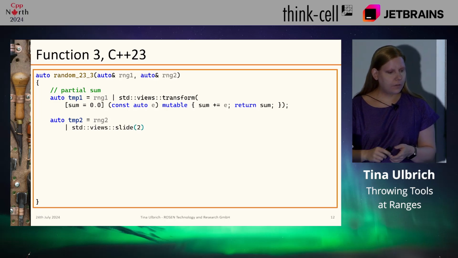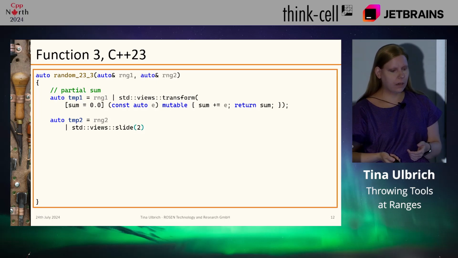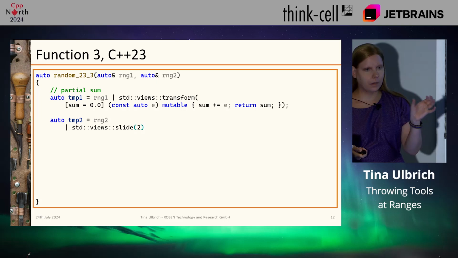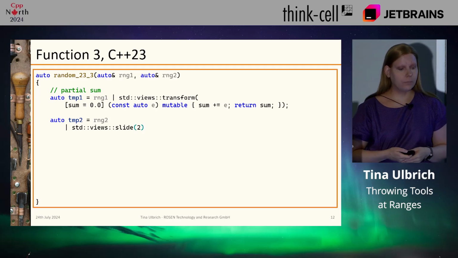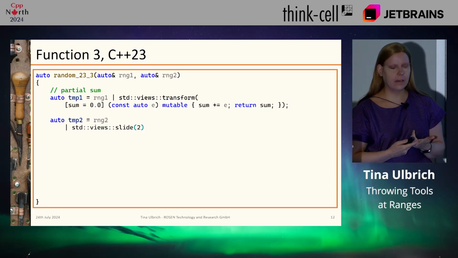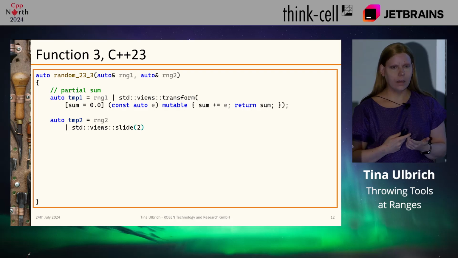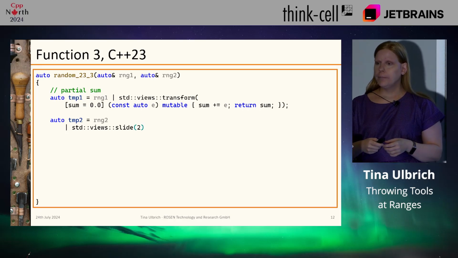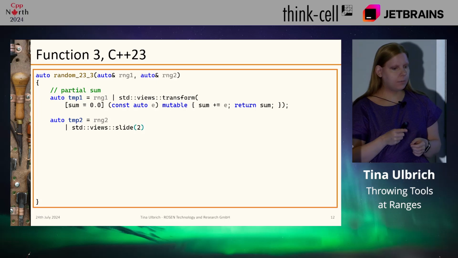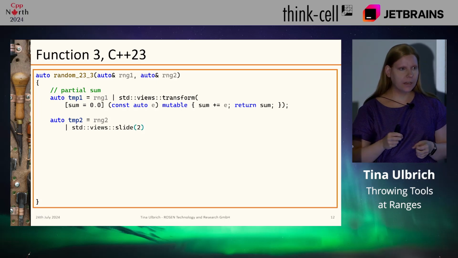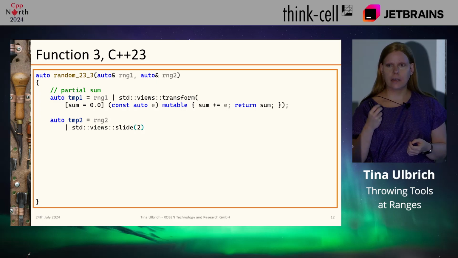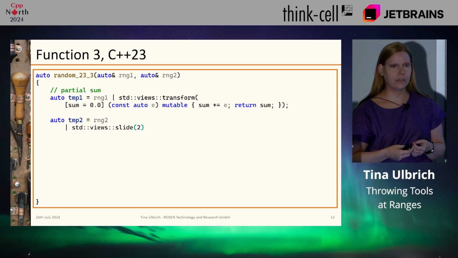Then I have a second temporary. I wanted to use a slide view where I iterate over neighboring elements. You can also use pairwise for that, or adjacent, also with the parameter 2. The difference is that slide has a runtime parameter for the window size, and adjacent has a compile-time parameter for the window size.